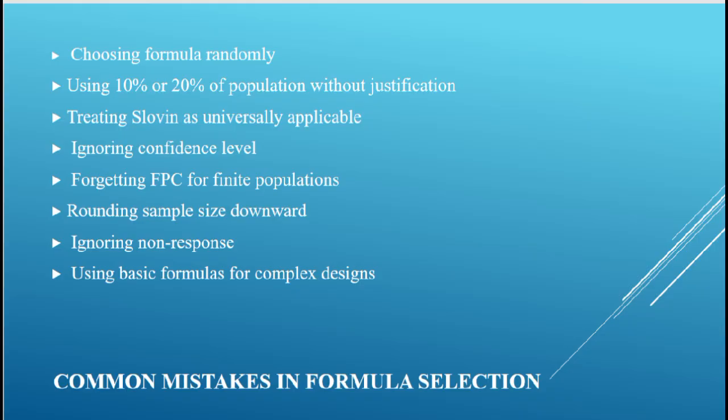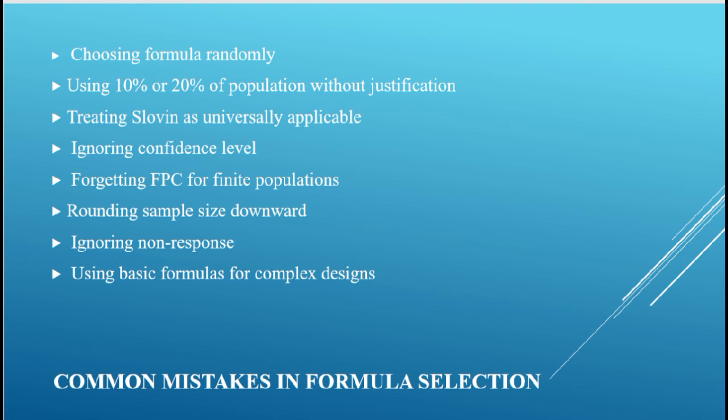Fourth, do not ignore confidence level, margin of error, and population variability when using methods that require these parameters. Another common mistake is forgetting finite population correction when it is appropriate.